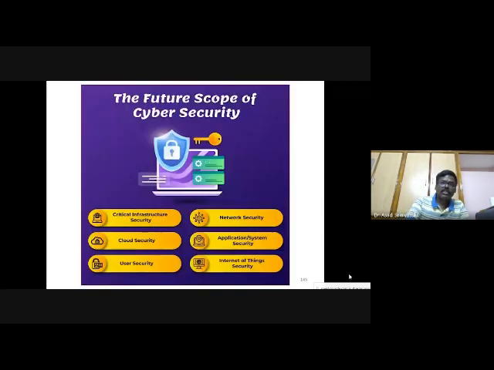So these are the future scope of cyber security, like critical infrastructure security, network security, cloud security, application security, system security, user security, Internet of Things security.